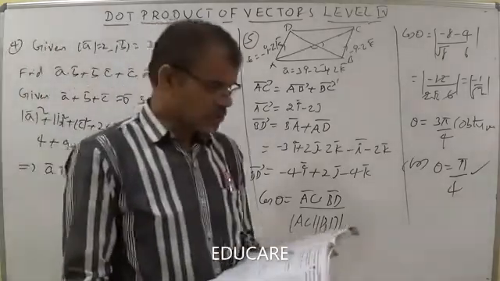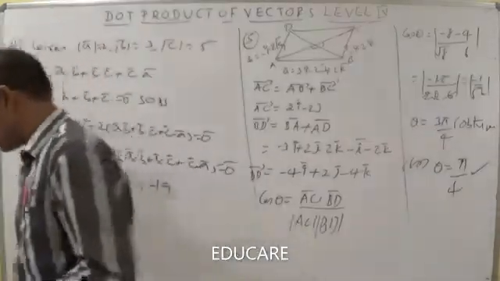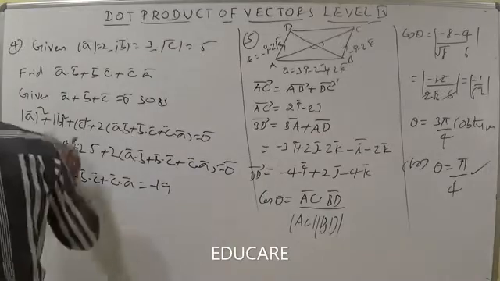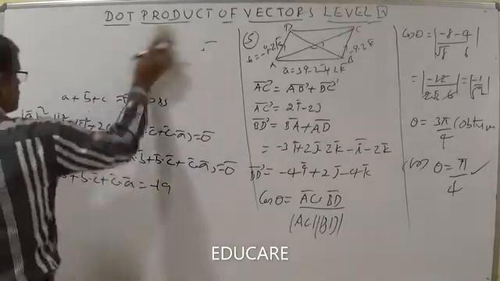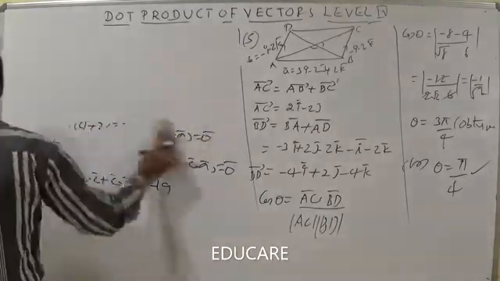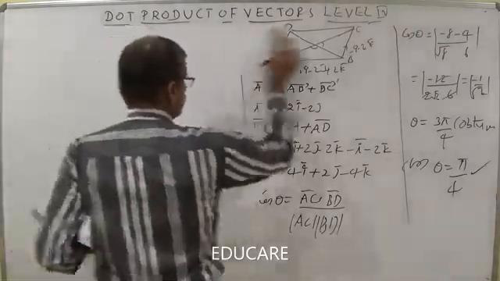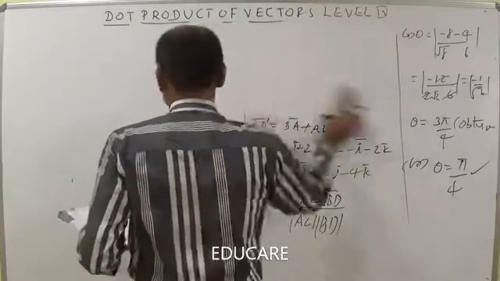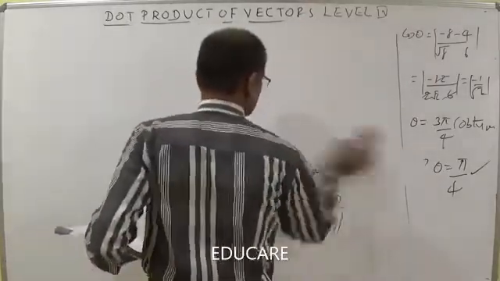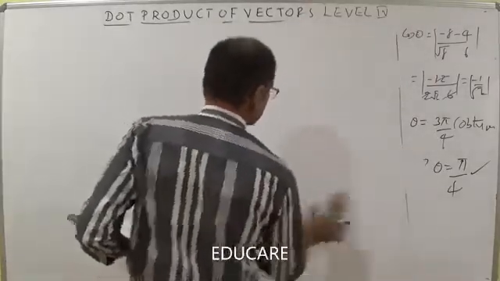Next, sixth question, statement model, statement 1 and statement 2 he gave. First one, modulus of A bar plus B bar is equal to modulus of A bar minus B bar.